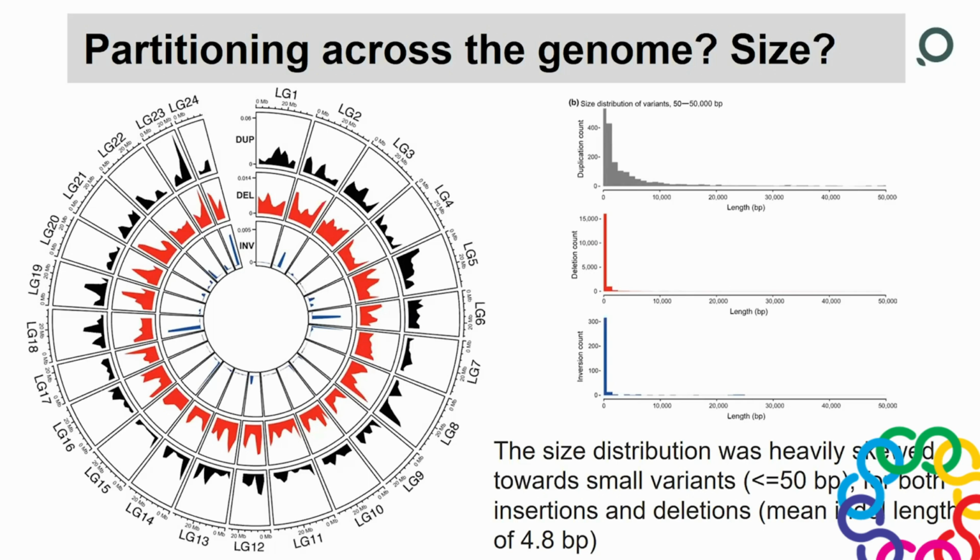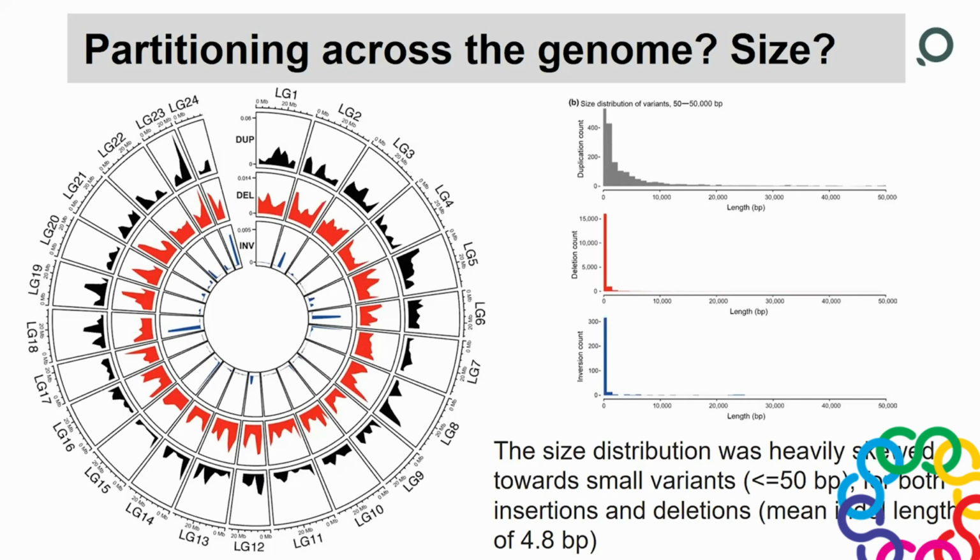In the next step, we actually ask, given that these structural variants have such a large impact in terms of base pairs in the genome, is there any evidence that they also have an impact on the phenotype?